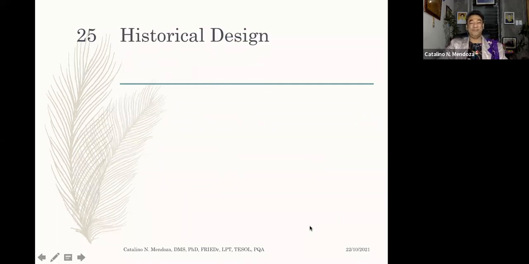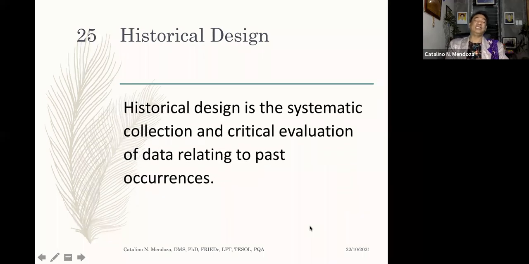And the next one is historical design. Historical design is the systematic collection and critical evaluation of data relating to past occurrences. Yes, the history, which is very important. Whatever is in the journal, in the history, in the book, in the record should be utilized to be able to make some courses of action. Let's say, for example, the non-achievement of profitability.